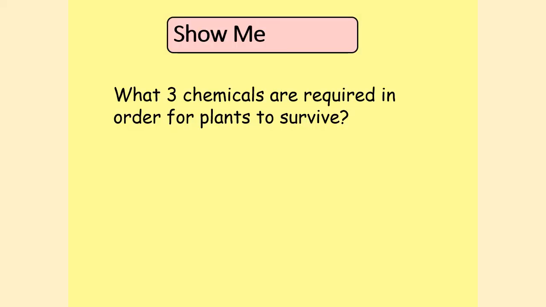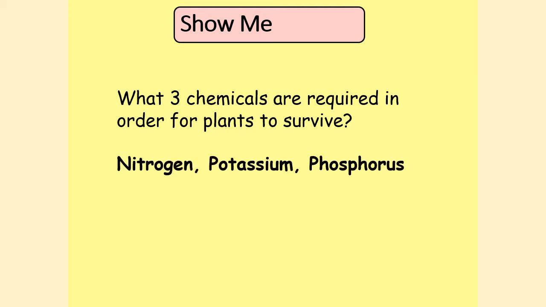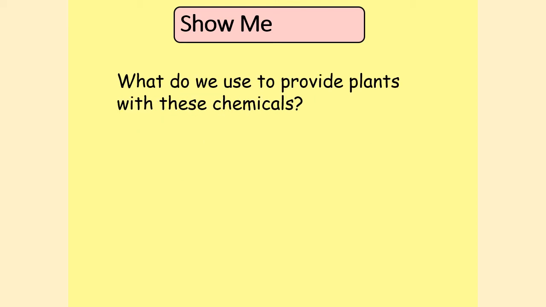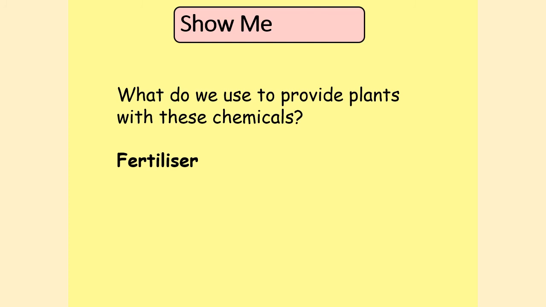But what are the three chemicals required for plants to survive? Those three elements are nitrogen, potassium, and phosphorus, or NPK. What do we use to give plants these chemicals? We use fertilizers.